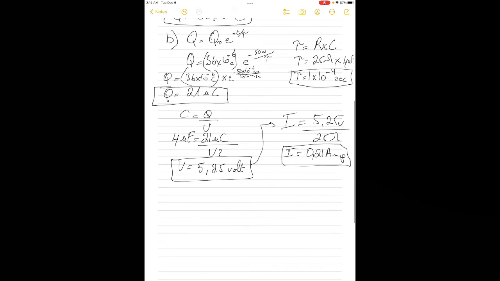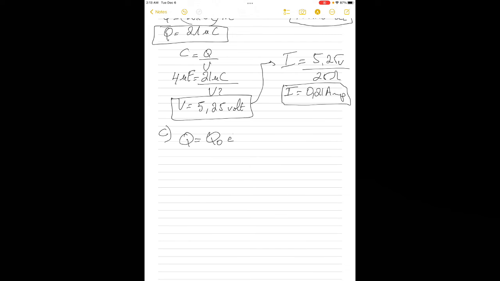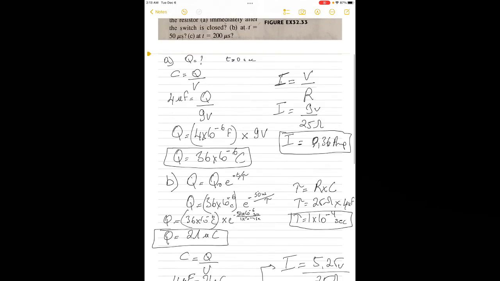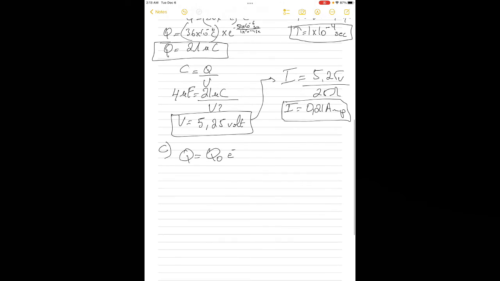Okay, if you go to C, same thing, we have to do the charge is equal to the initial charge times e to the power of minus the time, that's 200 microseconds, divided by 1 times 10 minus 4 second.